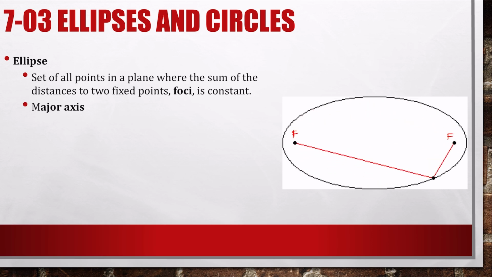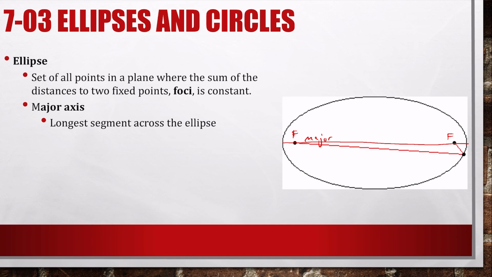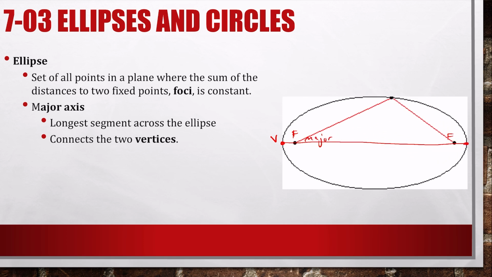We have a major axis. A major axis goes the longest distance. So it's the longest segment across the ellipse, and it connects two vertices. So that's a vertex, and that's a vertex.